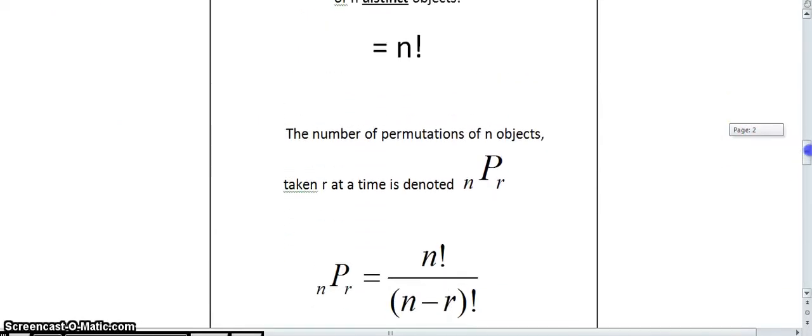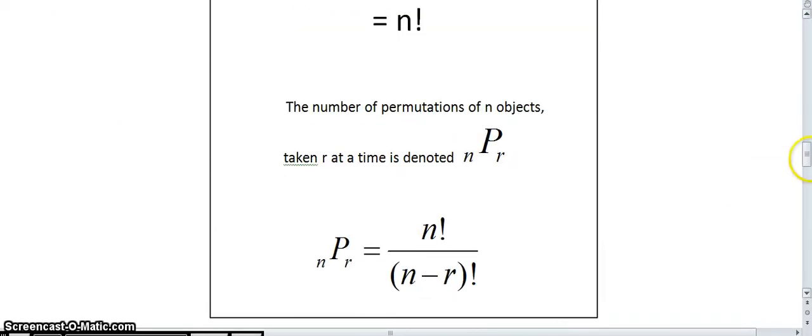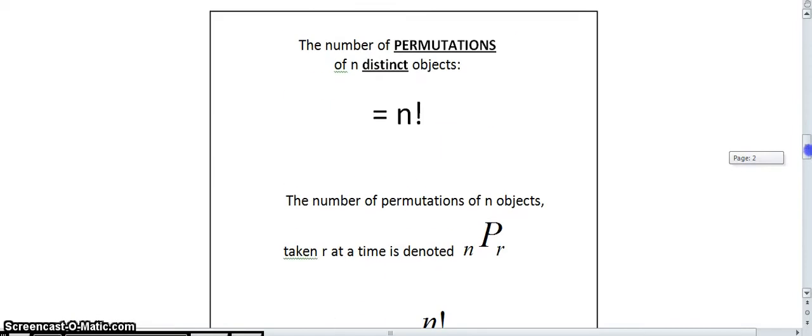Now, the rest of this we're going to talk about in class, but basically you already know this, it's just putting formulas to it. One thing I do want to say before this video ends is what this means. The way you say this is not n exclamation point, it's n factorial. And you're not saying n like really excited, it's n factorial.